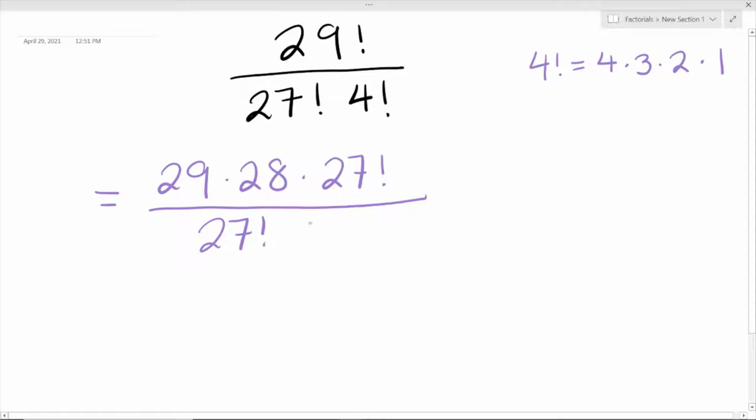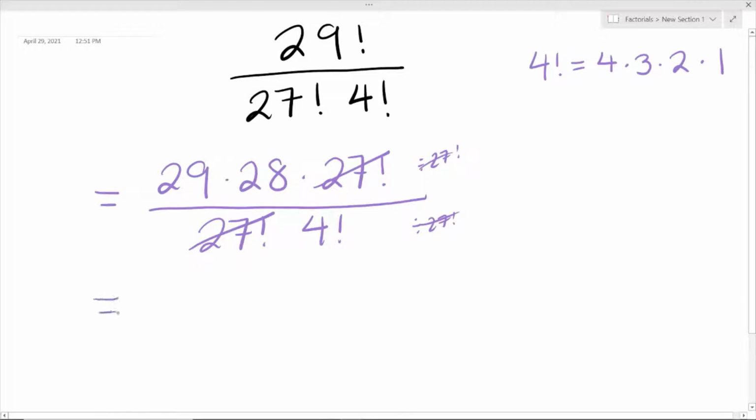So I'm just going to copy the denominator right now. Everything from the denominator copied right here. So we just have to cancel this and this, because we're dividing both the top and bottom by 27 factorial, and that's why we get rid of these. And so that's why 27 factorial will be gone.